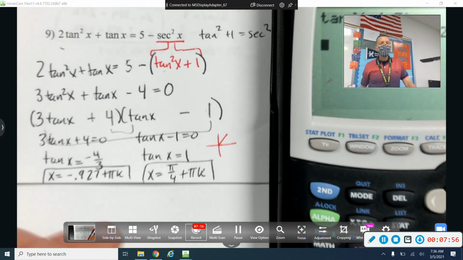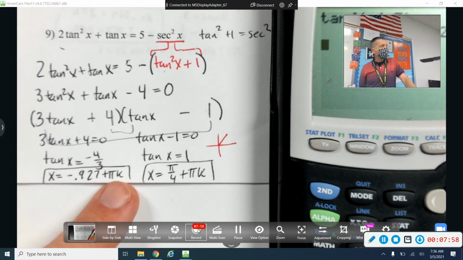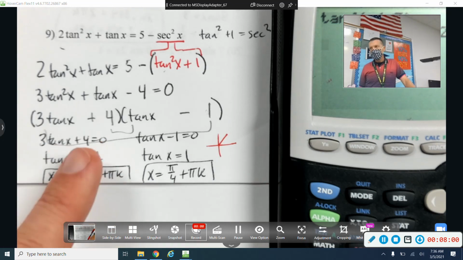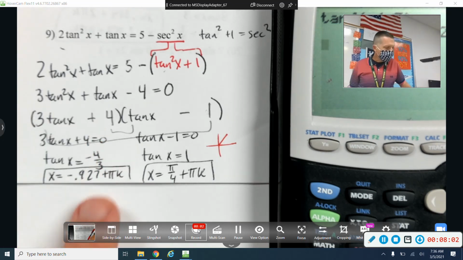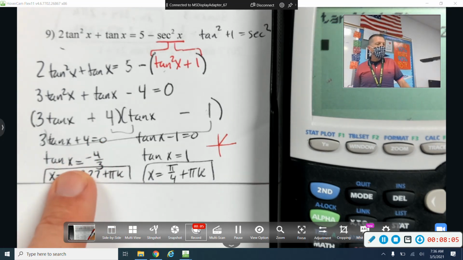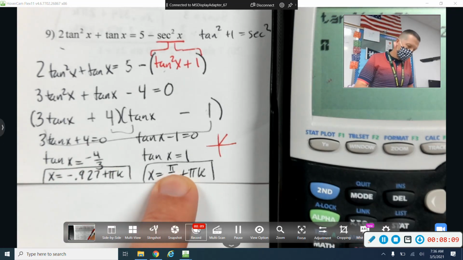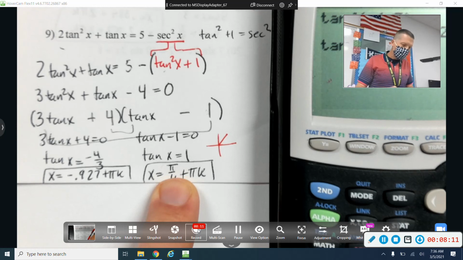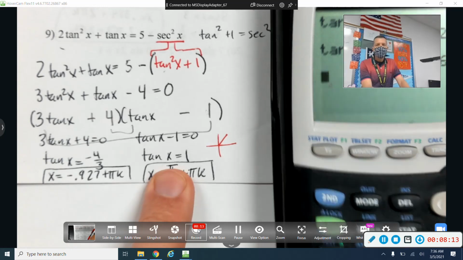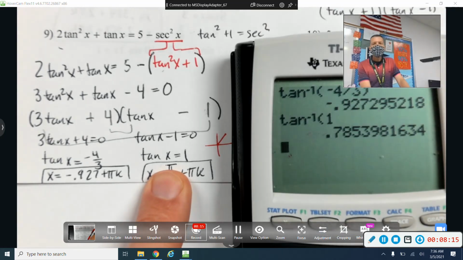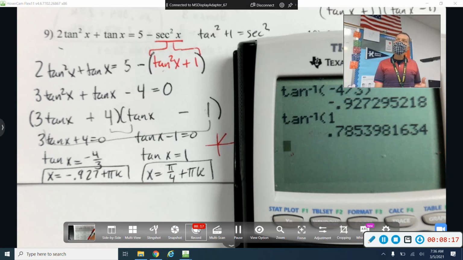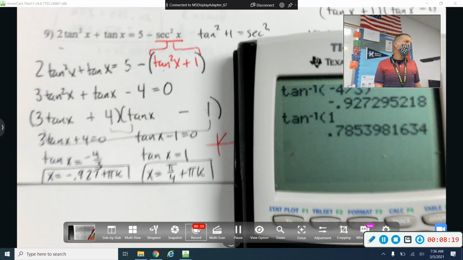Alright, so if or when one like this shows up on the calculator part of the test, you have to use your calculator for this answer. If you use your calculator for this answer, inverse tangent of 1, and write that as your answer, I'm going to take off a point because the directions are going to say something like use exact values when possible.